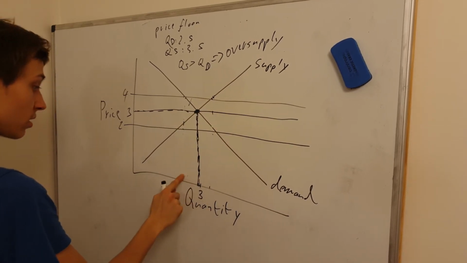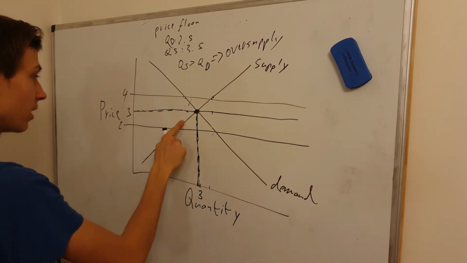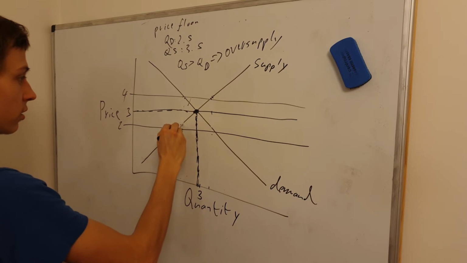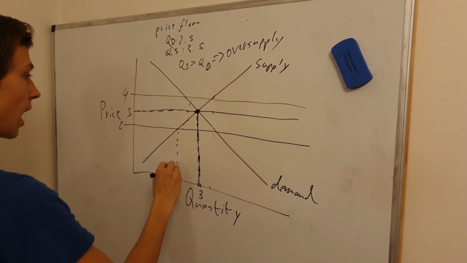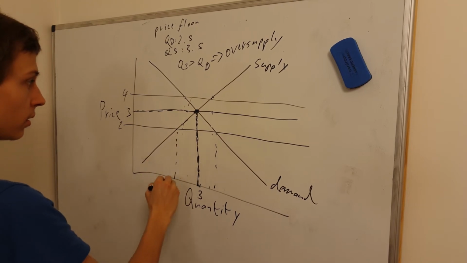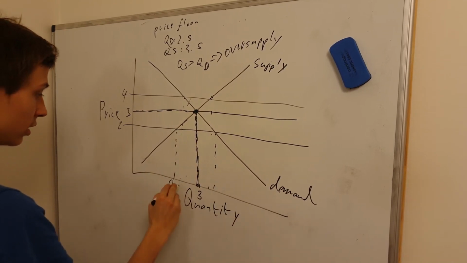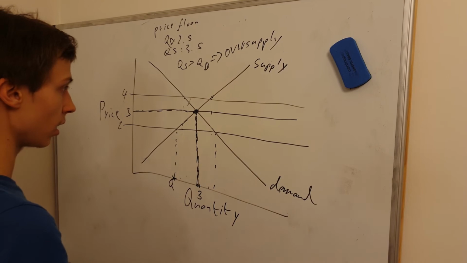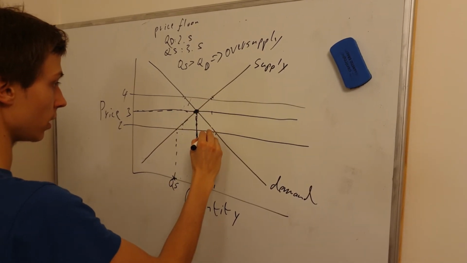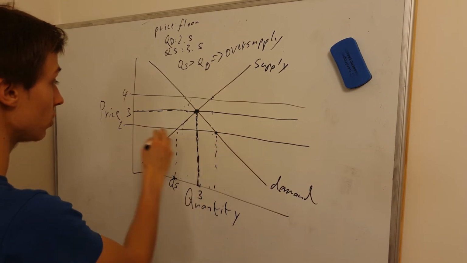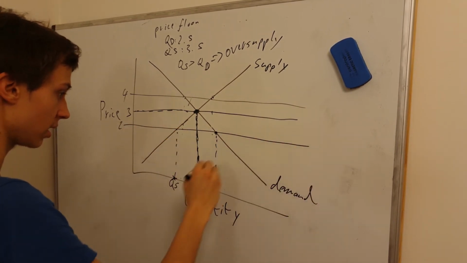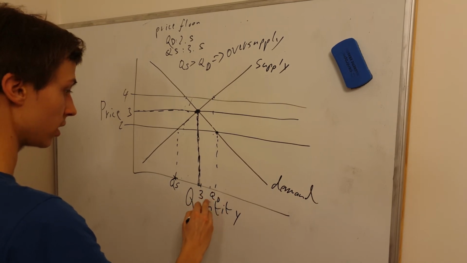Now, we see the new price 2 intersects supply here and intersects demand here. From these we can trace back the quantity supplied and the quantity demanded.